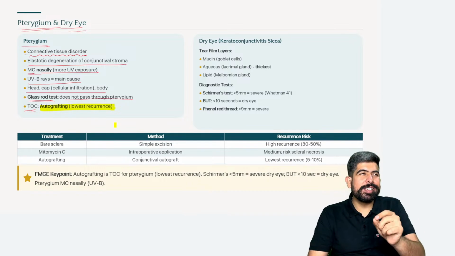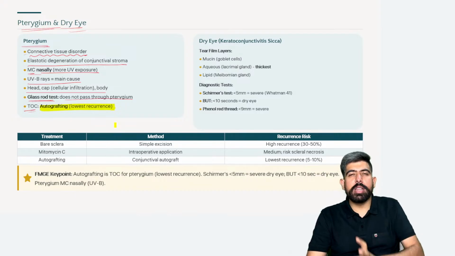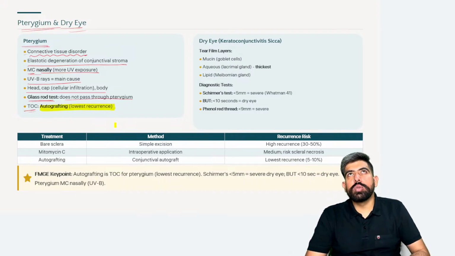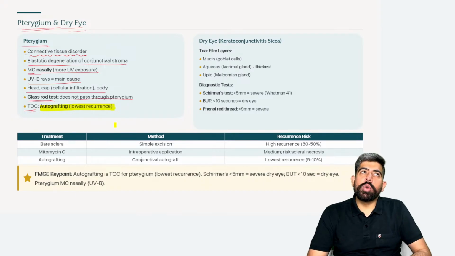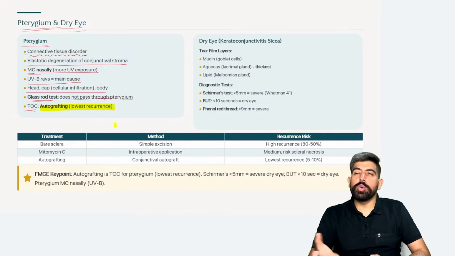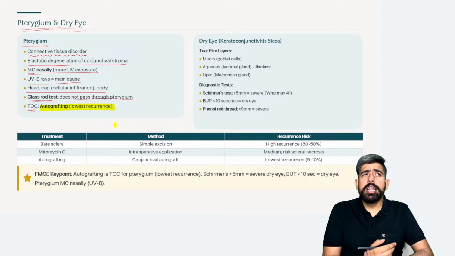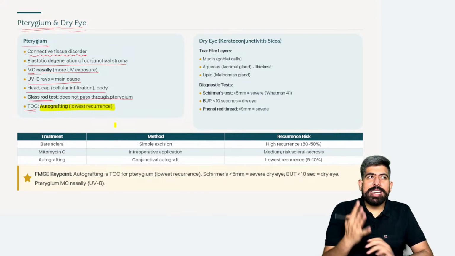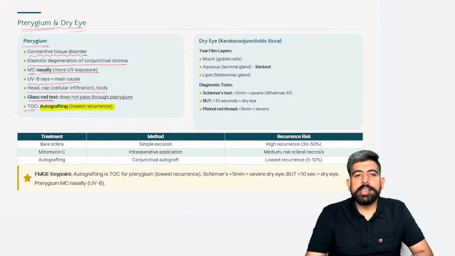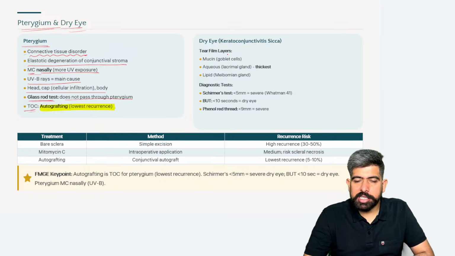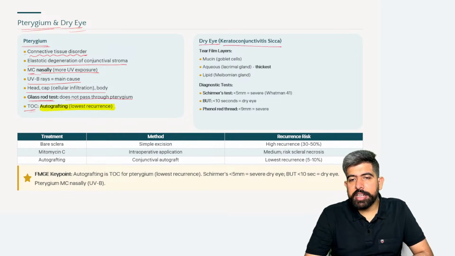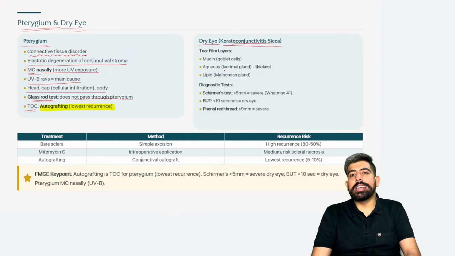If we do a simple excision, there are chances of recurrence. So nowadays the best treatment is excision, and after the excision we put an autograft over it. With the autograft there are very few chances of pterygium recurrence. Understand?